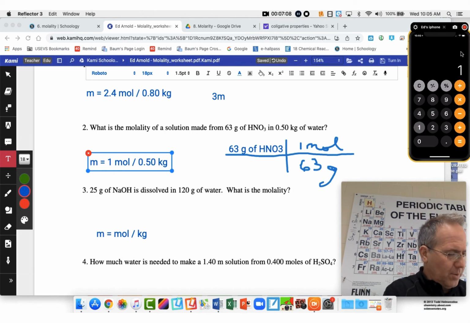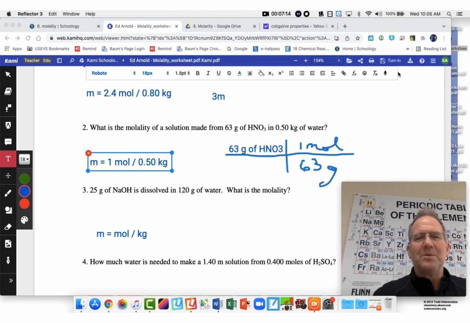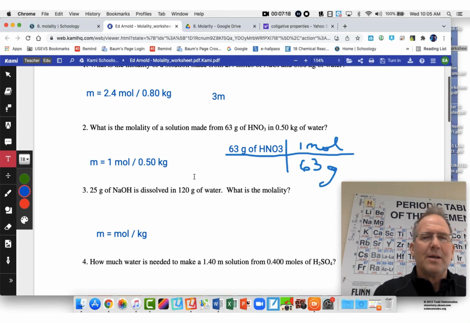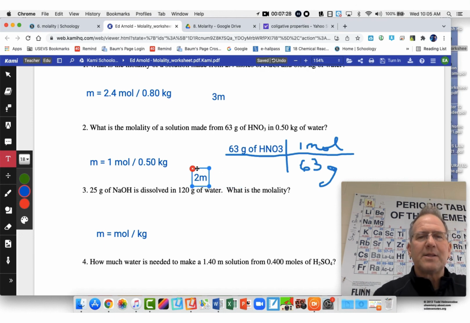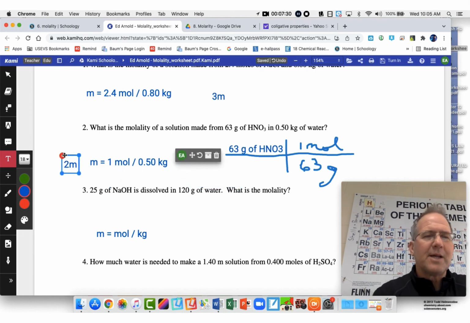One mole divided by 0.5. Why am I even pumping this in, right? Equals 2 molality. Let's do it the other way. 2m, right? And so that's how that works out. So it's not too bad, right?